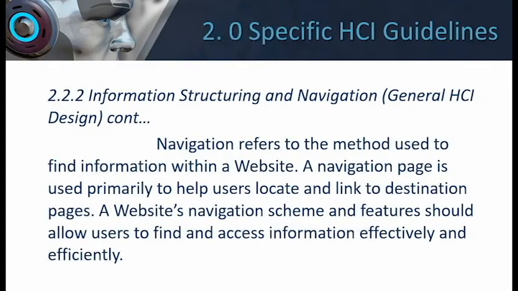So when we say navigation, it refers to the method used to find information within a website. So a navigation page is used primarily to help users locate and link to destination pages. So a website's navigation scheme and features should allow users to find and access information effectively and efficiently.